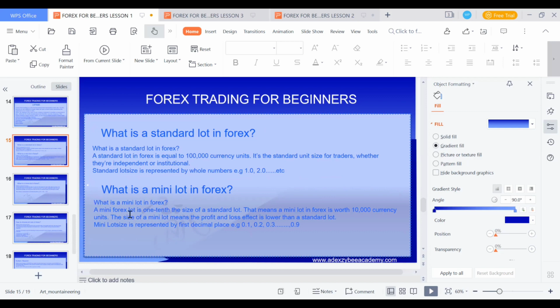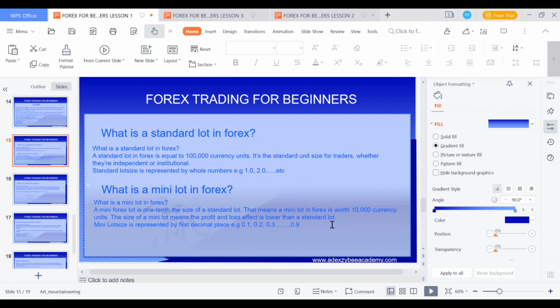What is mini lot size? Mini lot size is 1/10 the size of the standard lot. That means a mini lot is worth 10,000 currency units. The size of the mini lot means the profit and loss is lower than the standard lot. Someone is using one standard lot, and another person is using one mini lot.